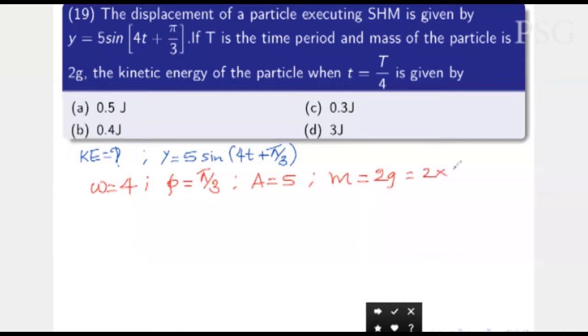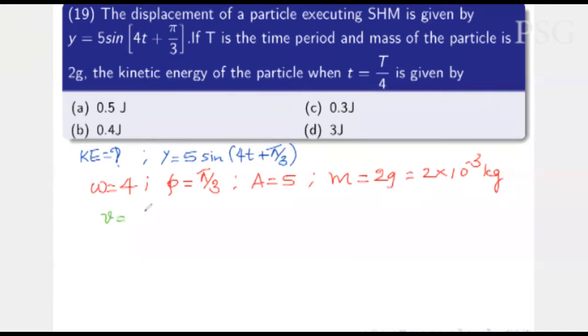So you have to convert that into kgs, 2 into 10 to the power minus 3 kg. Now we know the equation for kinetic energy, which is half mv squared, but here what is given is the displacement function. We can calculate velocity by taking the derivative of this displacement.